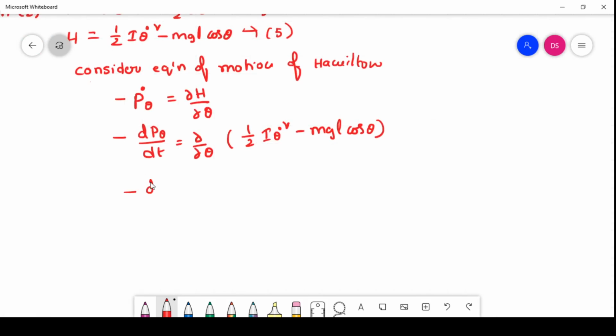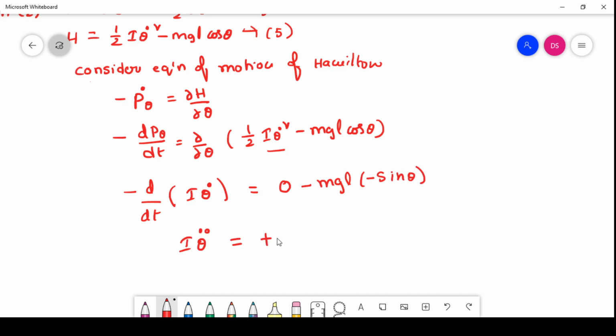So minus d by dt of what p theta we got, I theta dot, is equal to, here there is no theta term in the first part, so minus mgl into minus sin theta. So we got I theta double dot is equal to plus mgl sin theta.